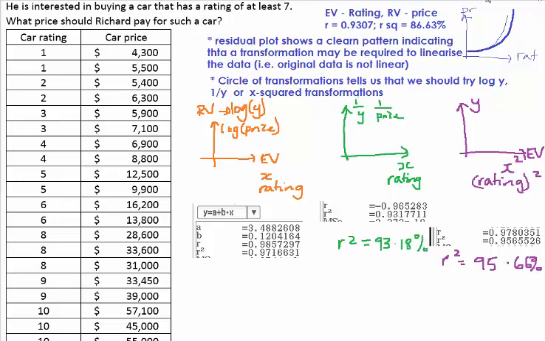And if I have a look in the orange, my log y transformation, the R squared is 97.17%. And that means we're going to do our calculation based on the log y transformation because the R squared value is the highest.